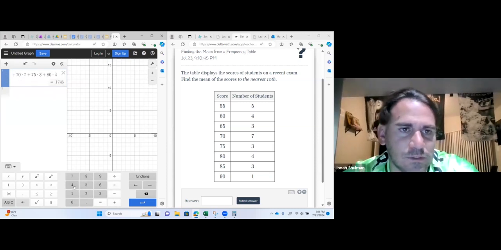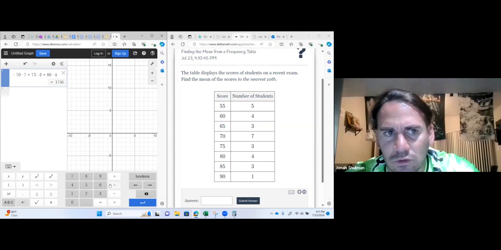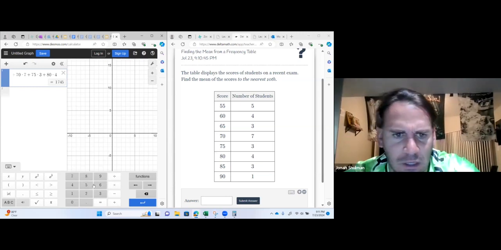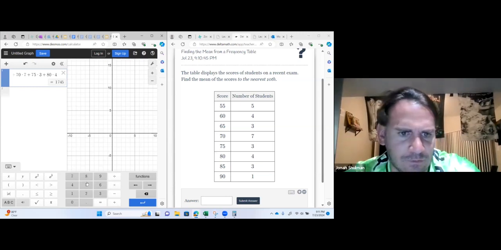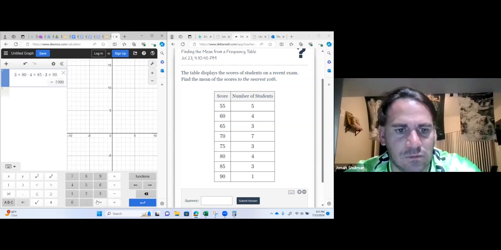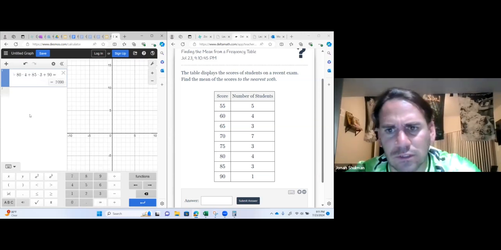I'm not putting parentheses because Desmos will multiply before it adds. Then 85 times 3, and finally plus 90. This means our total is 2090.